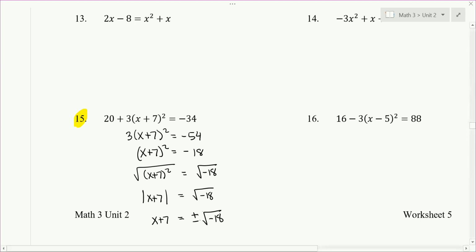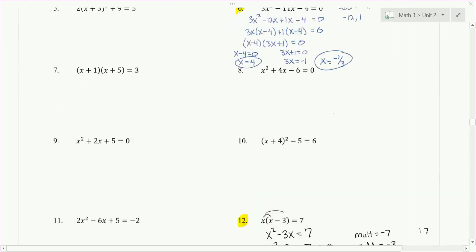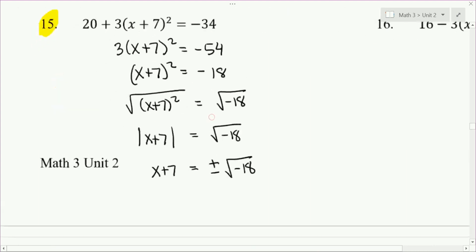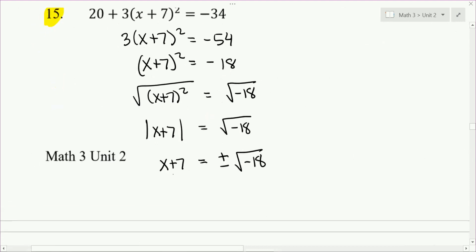When you have a square root of a negative number, you're working with an imaginary answer. And just checking the instructions here, it doesn't say we can't, so we're going to work with it. I'm going to get x by itself, so subtract 7 from both sides. We get negative 7 plus or minus the square root of negative 18.